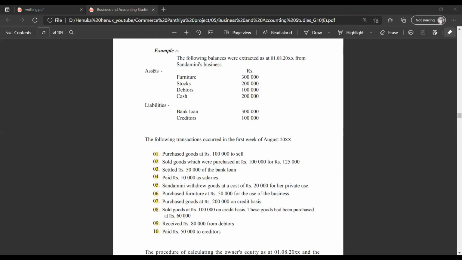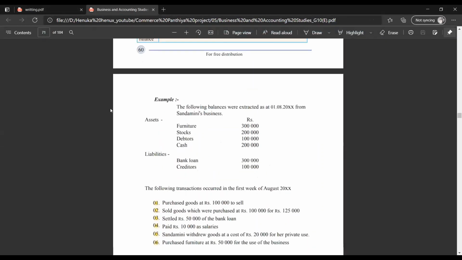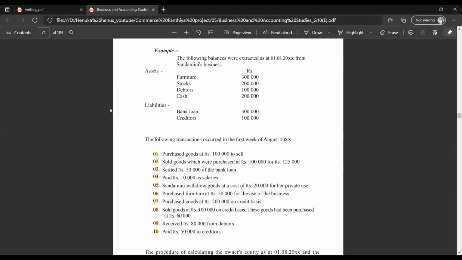Yes, send it to me, Dilki. Okay, send it. Right? So here, example number 2 on page number 61. Here the balances were extracted as at a date from Sandhamini's business. Okay, so here they have given us the balances, right guys?